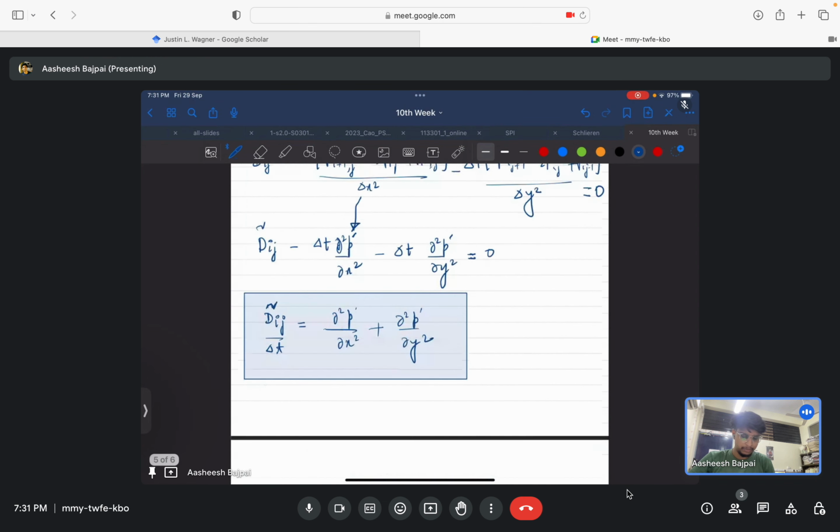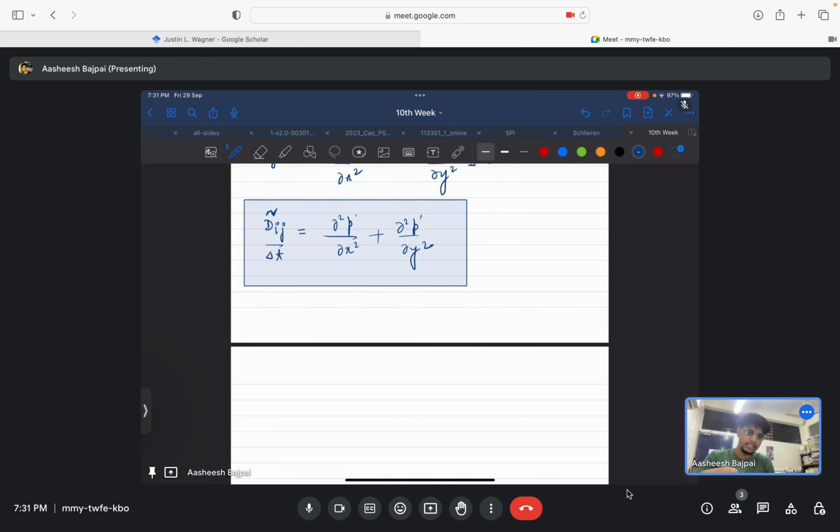D ij should be 0 actually. D ij tilde is not 0 because it is coming from predicted pressure values. D ij is actually the continuity equation, so it should be 0. Hope you got it.